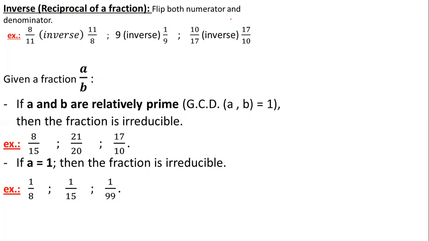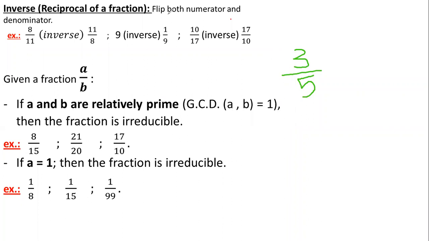Now I want to tell you a very important thing, please, because I will use it later: the inverse or reciprocal of a fraction. Suppose I have a fraction, for example, 3/5. I want to find its inverse or reciprocal.